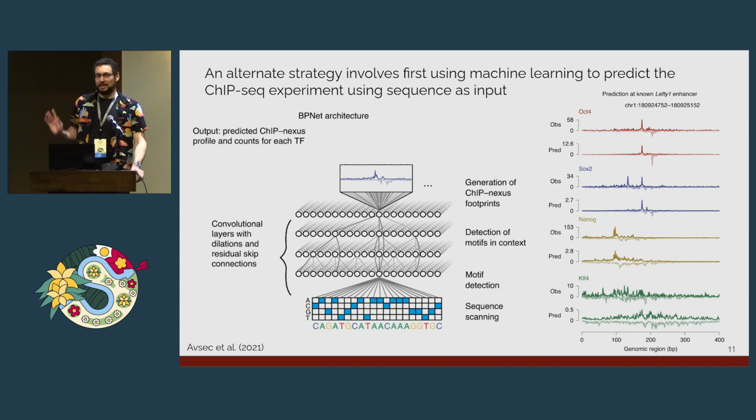The problem is that with ATAC-seq, there's this Tn5 bias that convolves the signal. And so if you try training a machine learning model directly on ATAC-seq signal in the same way that we are training on ChIP-seq signal, you're going to get the Tn5 bias. Everything's going to be messed up. And so in our lab, we are about to get a preprint out on this model called ChromBPNet, which is an extension of this original BPNet framework, where you basically first train a bias model that only predicts Tn5 bias.